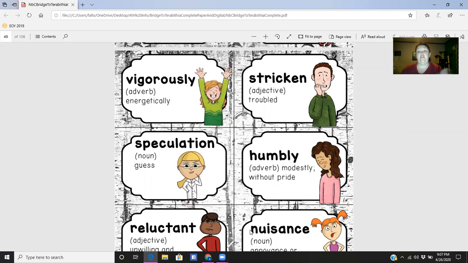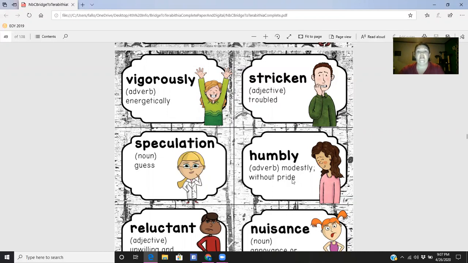And then we'll put these vocabulary words into our envelope so that we can hold on to them. Because next week, after we read chapter 8, we will have a vocabulary review for all of our vocabulary words for chapters 1 through 8.